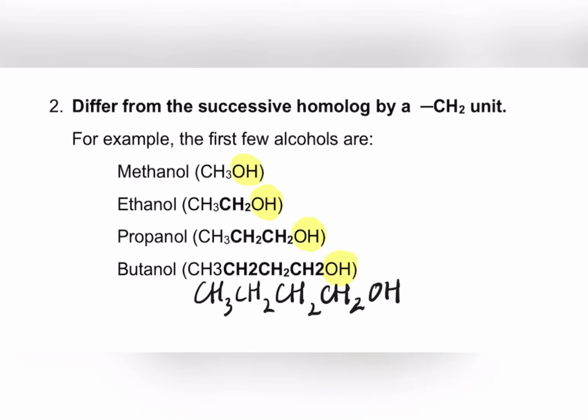There is a small mistake there, and I hope you can make this correction. So you can see butanol has 3 additional CH2 units, so the total number of carbon atoms in butanol is 4. That's how homologs differ from one another, by looking at the difference in the number of CH2 units.